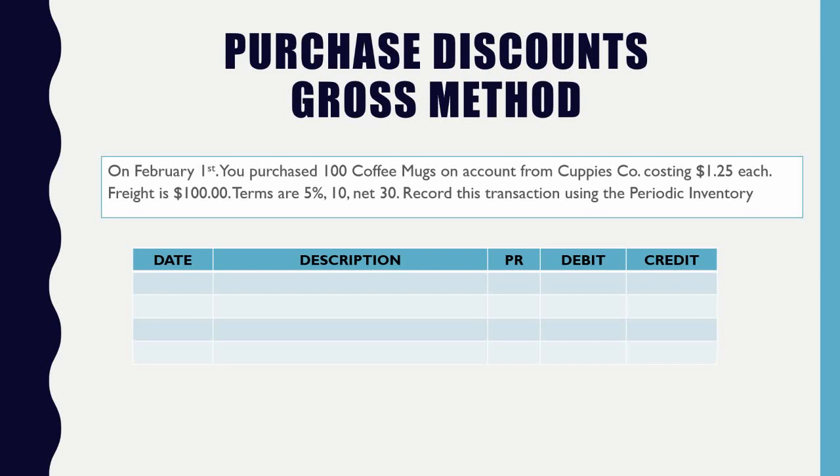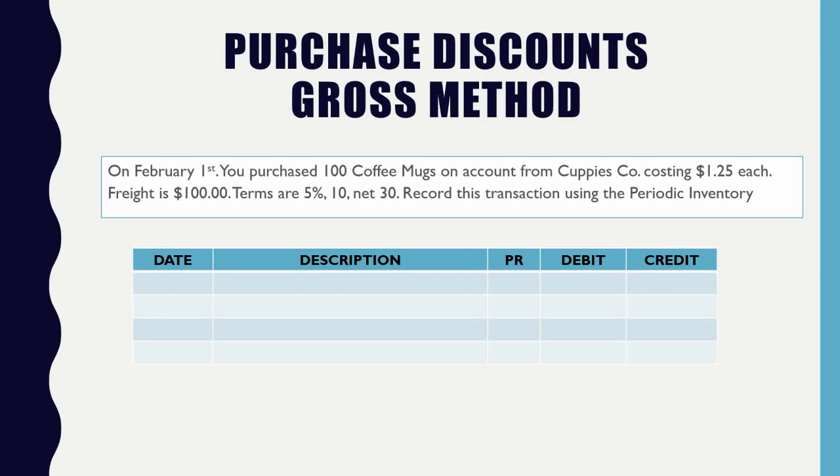Freight was $100, okay? And the vendor gave you terms of 5% if you pay within 10 days. If not, the bill is due in 30 days, okay? So we're assuming we bought this on account, and record this transaction using the periodic inventory method.